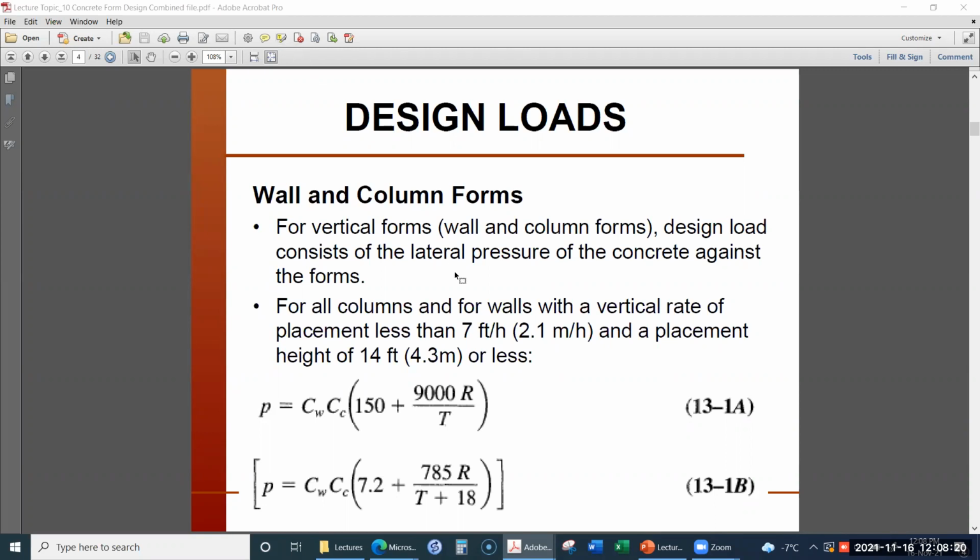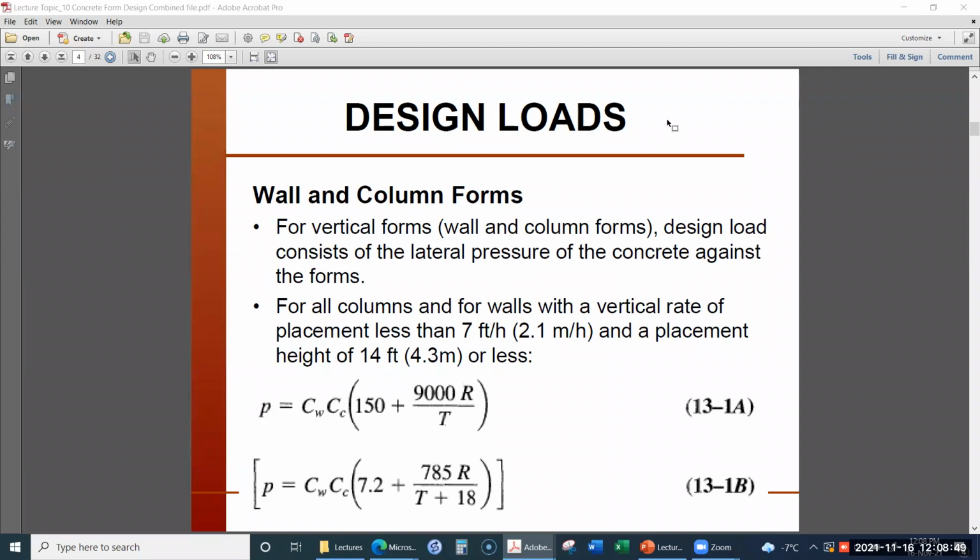We can consider these design loads first of all for the wall and column forms. For example, if we have vertical forms, that means the forms which are used for walls and columns, the design load consists of the lateral pressure of the concrete against the forms.